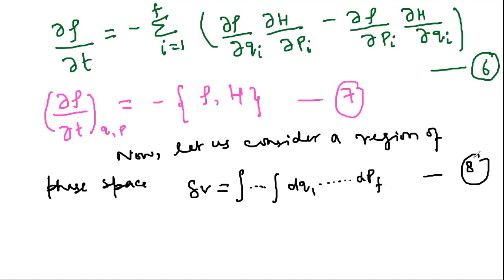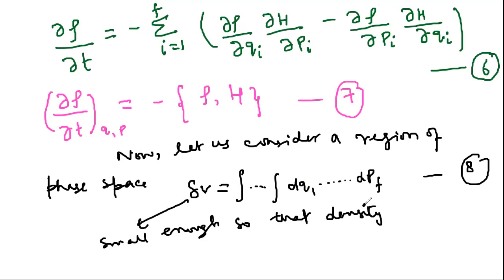We are taking this region as small enough so that the density rho can be regarded as constant or uniform over this region, or over its extension. That is one and the same thing.